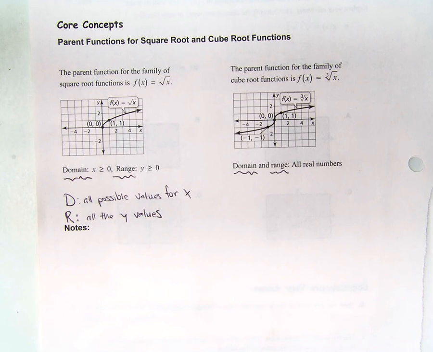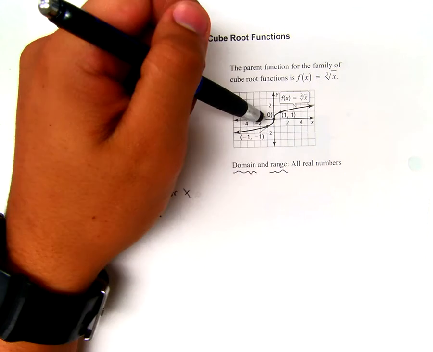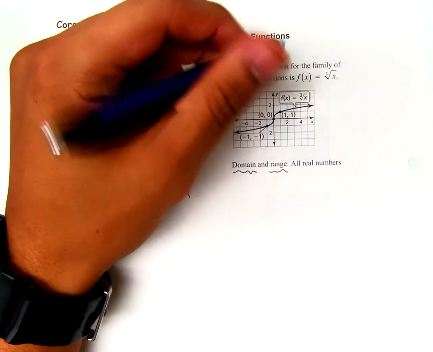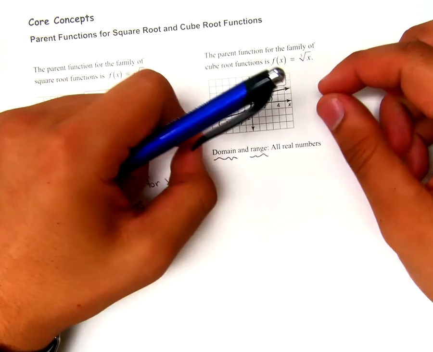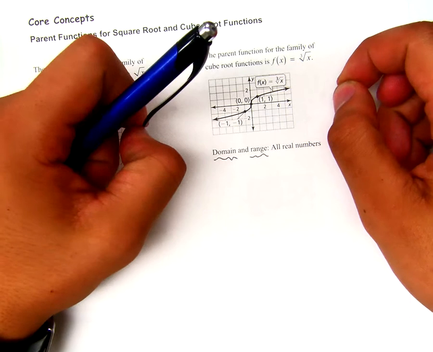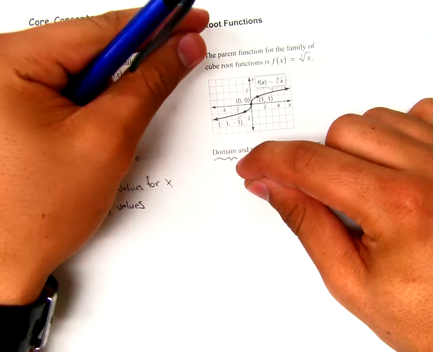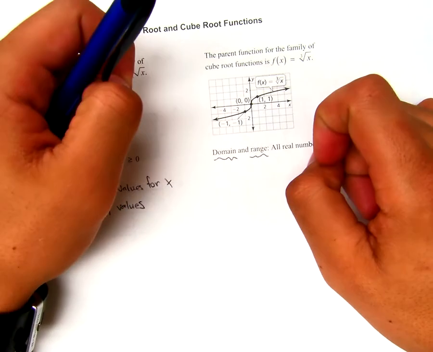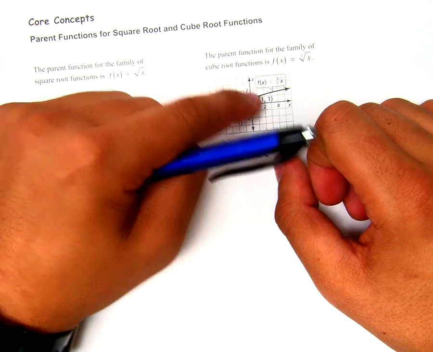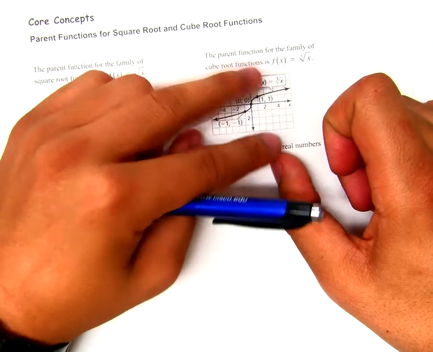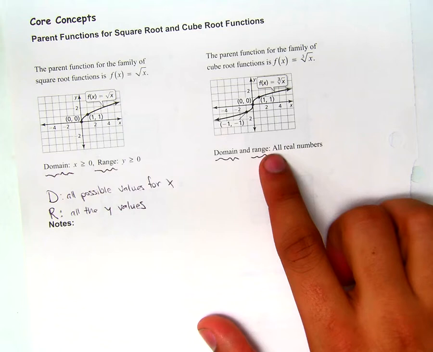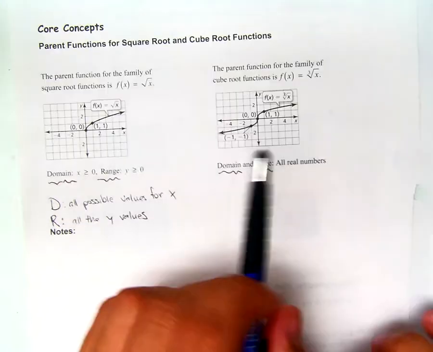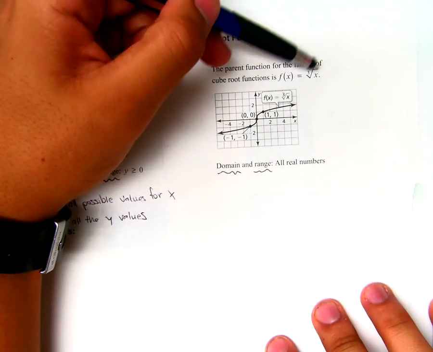And no matter what transformation we apply, if we reflect this, horizontally stretch or compress it, vertically stretch or compress it, or move it over here or over there, no matter what happens, the domain and range will be all real numbers. Just make sure that this x is a degree of 1.